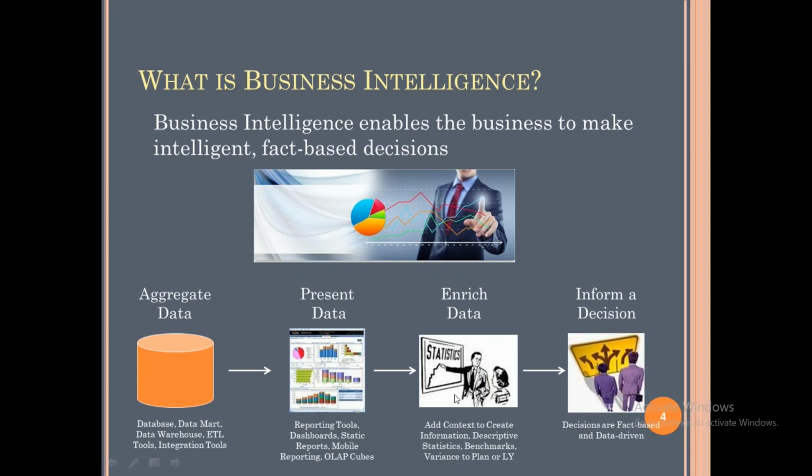The business people are going to do analysis on the data, a lot of analysis, like forecasting analysis. Whatever analysis they want to do, they will do it in this particular tool, and then they will take some decisions, right? So this is what happens in real time.